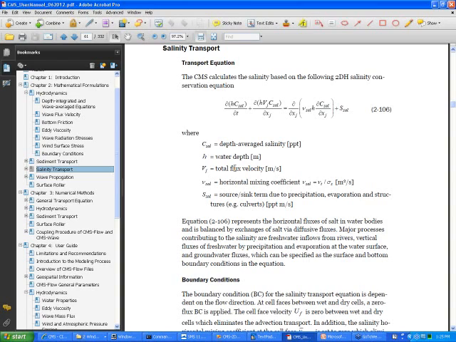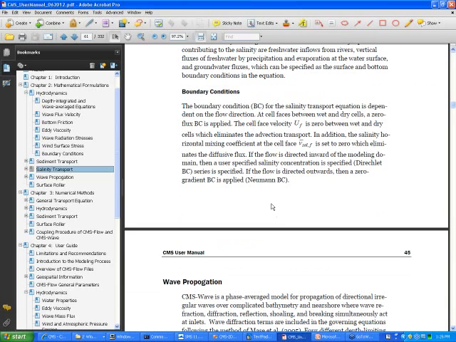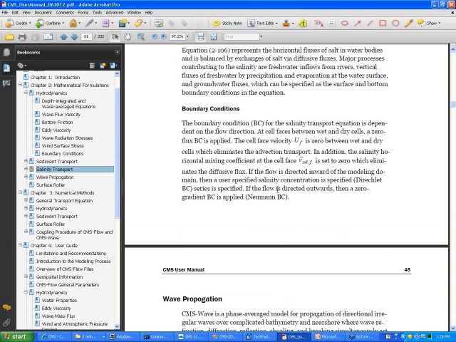CMS calculates the depth average salinity conservation equation. It's not appropriate for every kind of application. It's only applicable for well-mixed places where you don't have stratification. And the interface is pretty simple for that. I believe Mitch covered most of that last week.